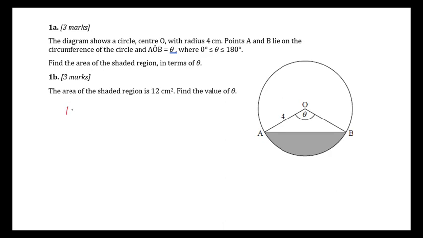Look at 1A. We are looking for the shaded area. If we can figure out the sector area, then subtract the triangle area, you will get this shaded area. Therefore, the sector area equals theta over 360 degrees times pi r squared.